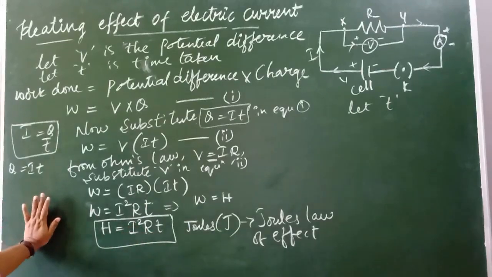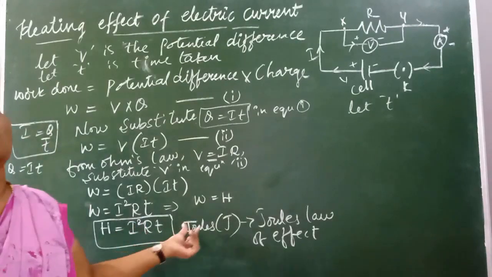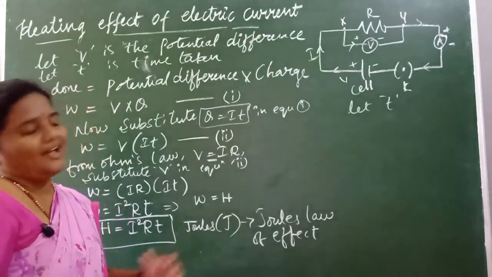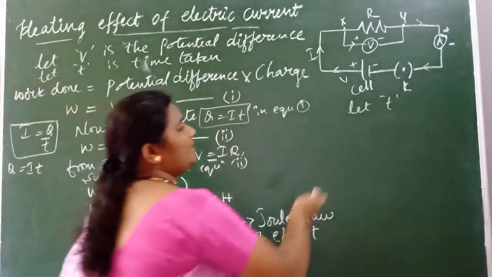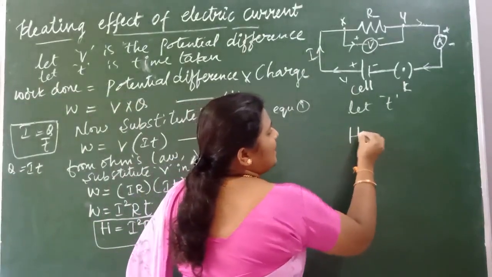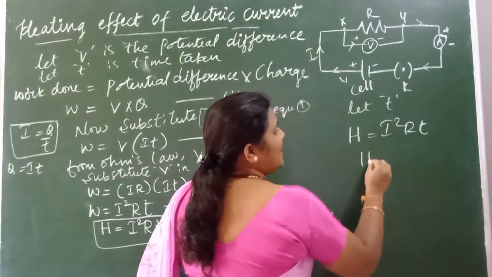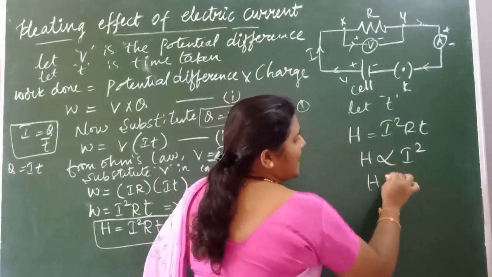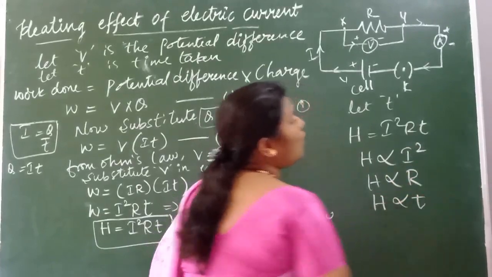It means that H is equal to I square into R into T, and it is called what? Joule's law of heating. When we look at this equation, children, we can say that H is directly proportional to I square, H is directly proportional to R, and H is directly proportional to T.